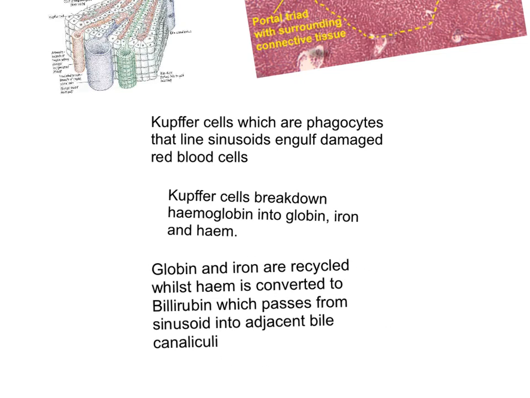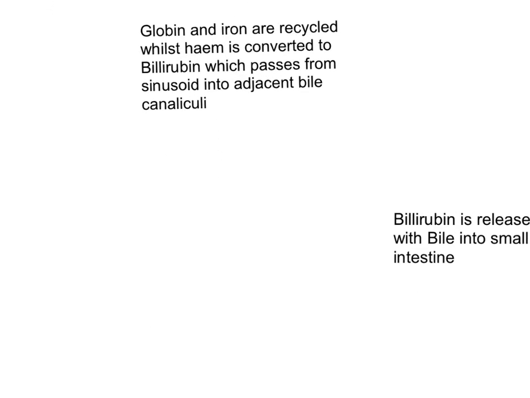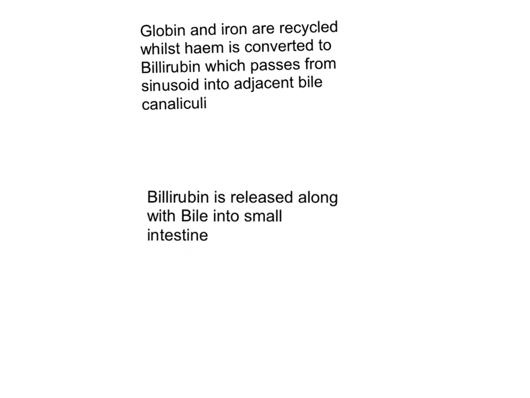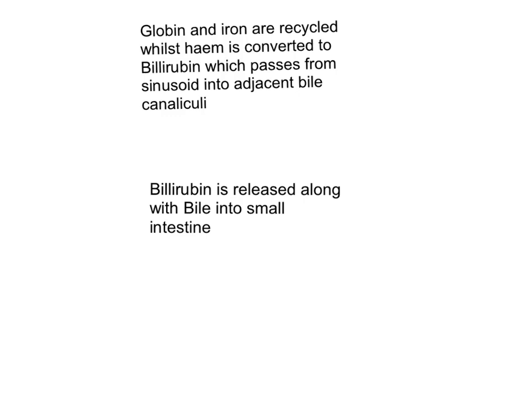The globin and iron are recycled, whilst heme is converted to bilirubin, which passes from the sinusoid, where the red blood cell is broken down, into adjacent bile canaliculi. And then the bilirubin is released, along with bile, into the small intestine.